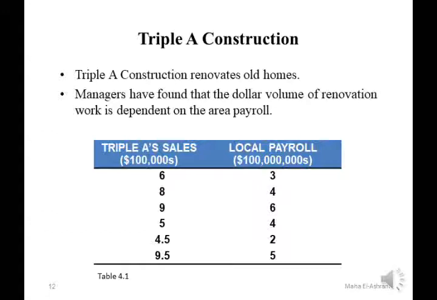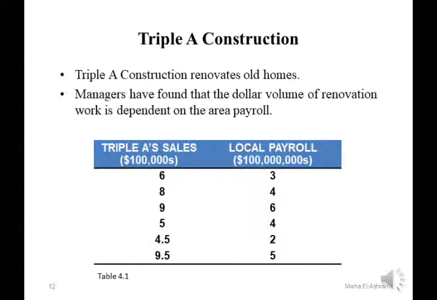Now for the second value that we have here, what is this 8? This 8 is originally 800,000 in sales for the company, which came from a payroll, or total salaries of the workers, of $400,000 and so on. Let's explain the third one, still to clarify if it's not clear for everyone.